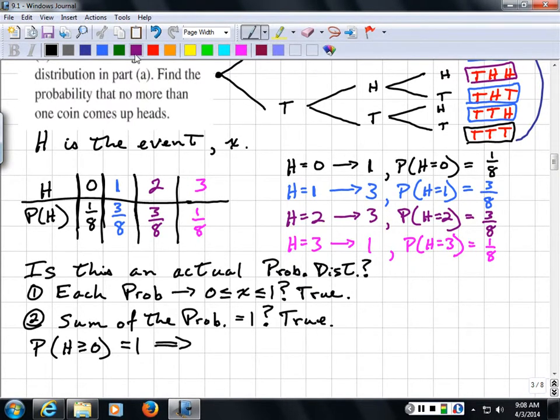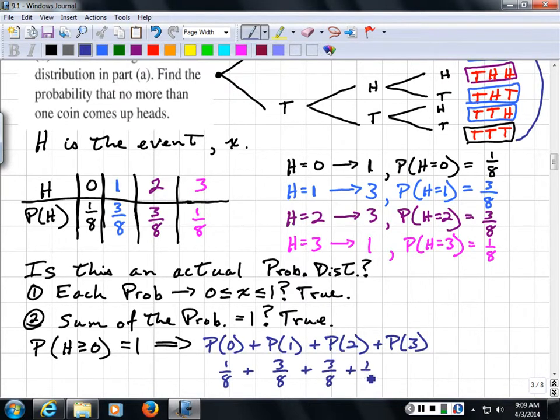Well, because I would take the probability of 0 plus the probability of 1, plus the probability of 2, plus the probability of 3, and add them together. So I have 1/8 plus 3/8 plus 3/8 plus 1/8, which is equal to 8/8, which is in fact 1. So therefore, I've just shown, yes, it is a probability distribution.